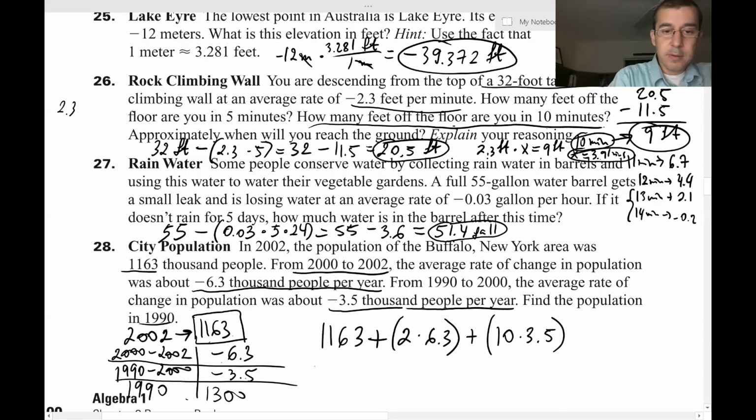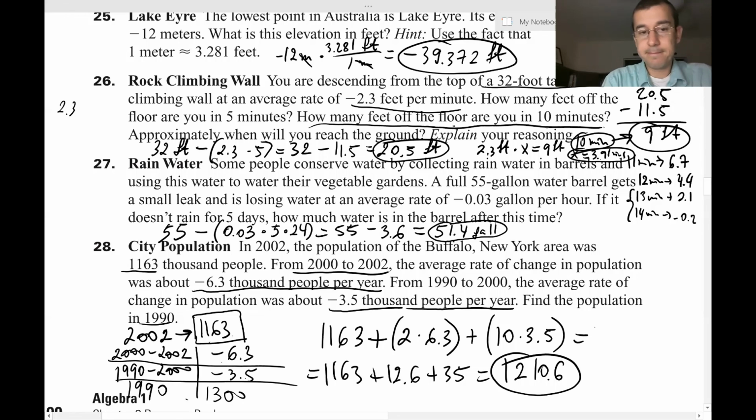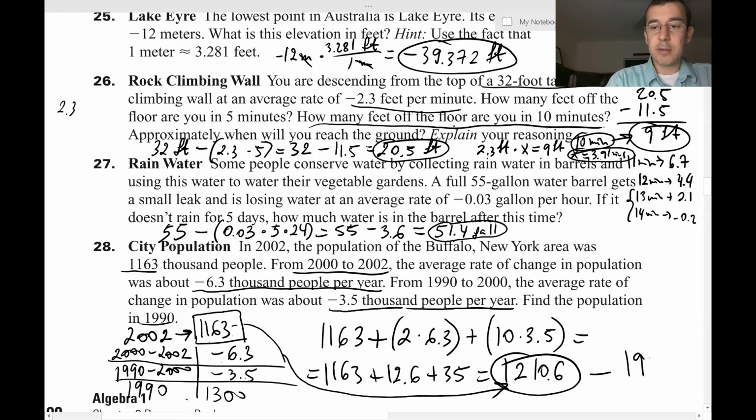Okay, so this is 12.6, and then this is 35. And then when we add up these numbers, 1163 plus 12.6 plus 35, we end up with 1210.6. This is in thousands of people. Okay, that's the population in 1990, and you can see it's greater than 1163.